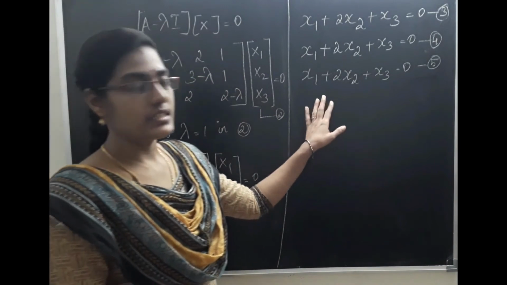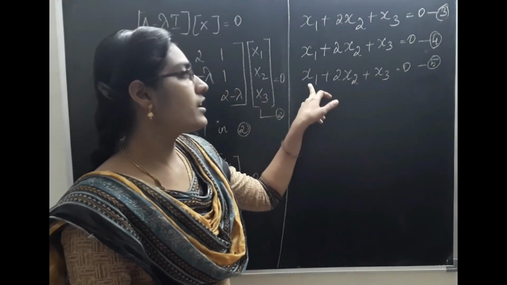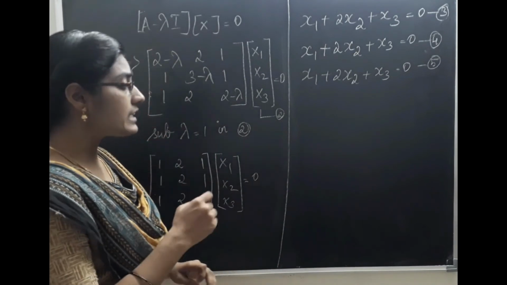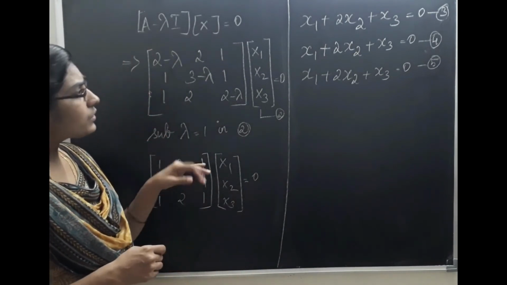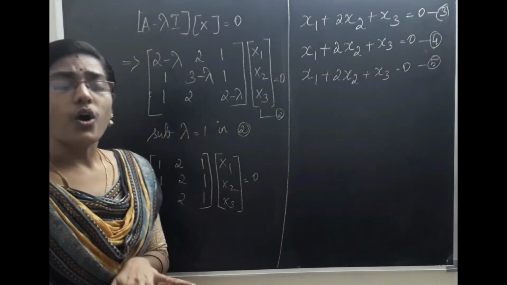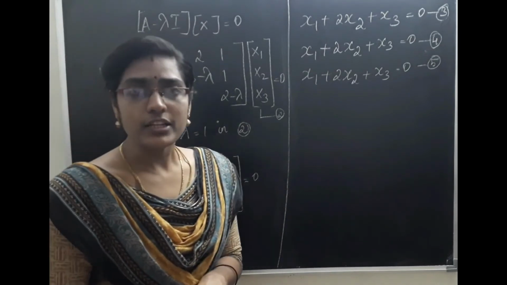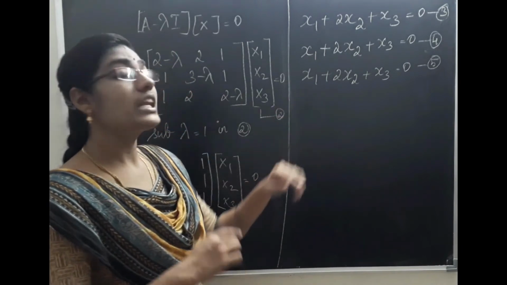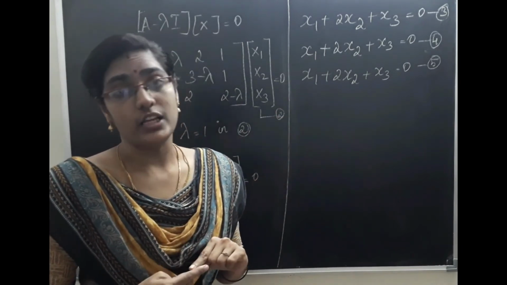If we solve 3, 4 and 5 to get the values of x1, x2, x3, that will give you the eigenvector. But listen, look at the equations. All the equations are similar to each other, right? This case you will get when you have repeated eigenvalues.